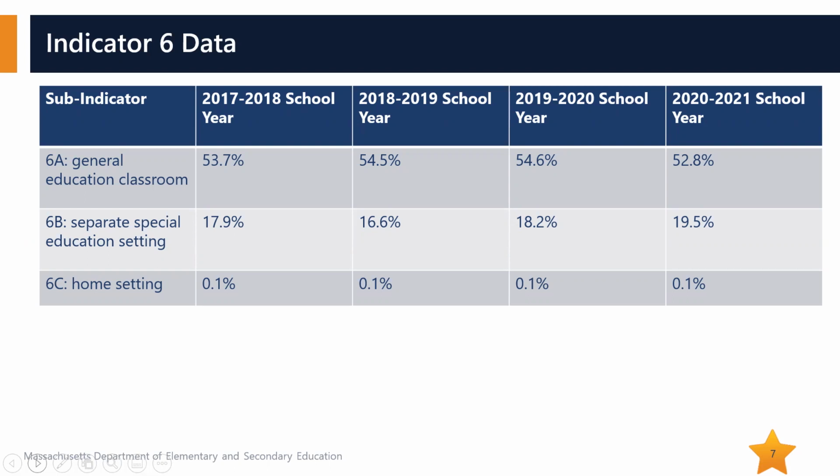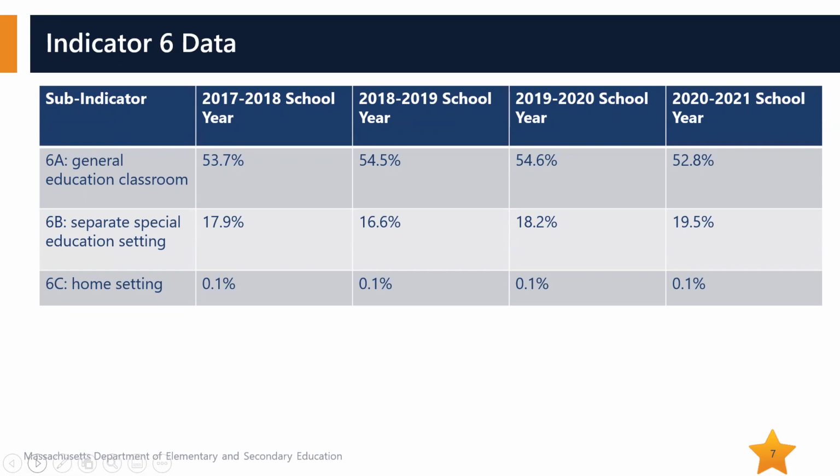For 6B, the percentage of children with disabilities receiving most of their services in separate special education settings decreased from 17.9% in the 2017-2018 school year to 16.6% in the 2018-2019 school year.